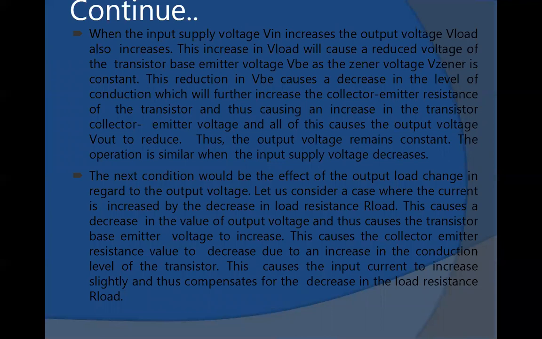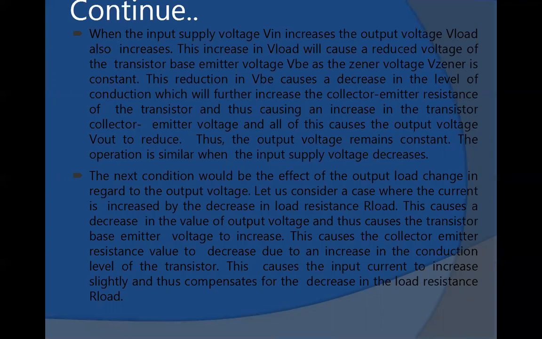When the input supply voltage V in increases, the output voltage V load also increases. This increase in V load will cause a reduced transistor base emitter voltage VBE, as the Zener voltage V Zener is constant.